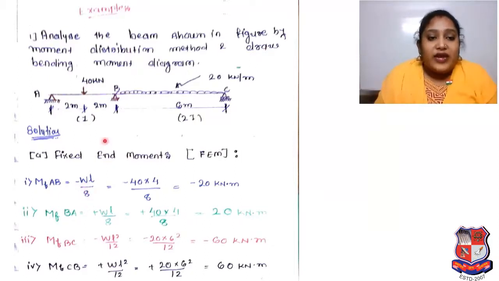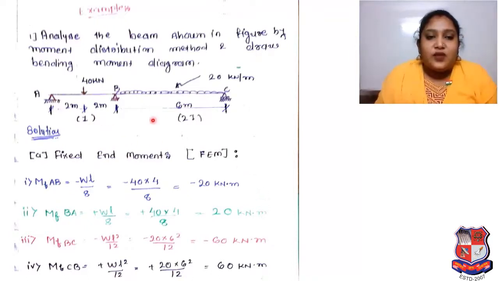So minus 40 into L, which is 4, divided by 8. So you will get minus 20 kilonewton meter. Now fixed end moment for BA will be positive WL by 8, so plus 40 into 4 by 8 is equal to positive 20 kilonewton meter.